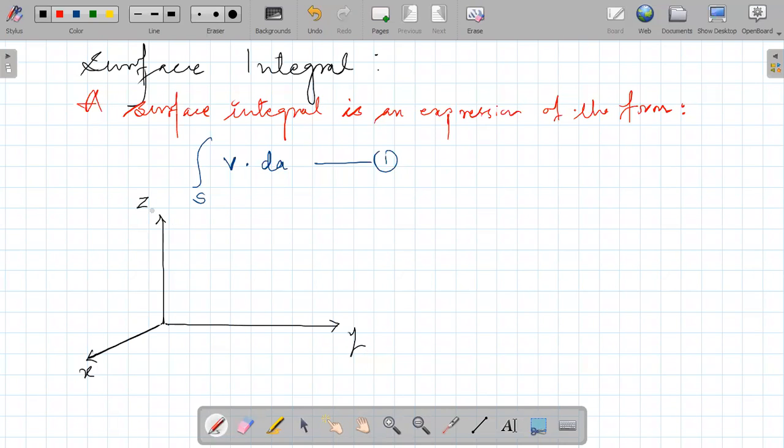Now I will take a surface element. Suppose this is the surface element. This is the surface, with area dA, and I will use red color for dA.